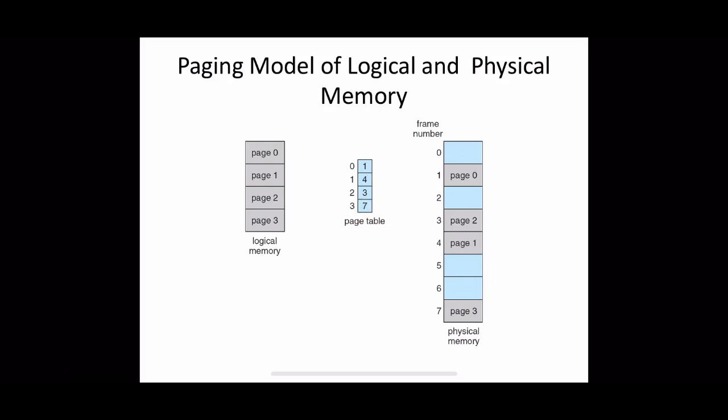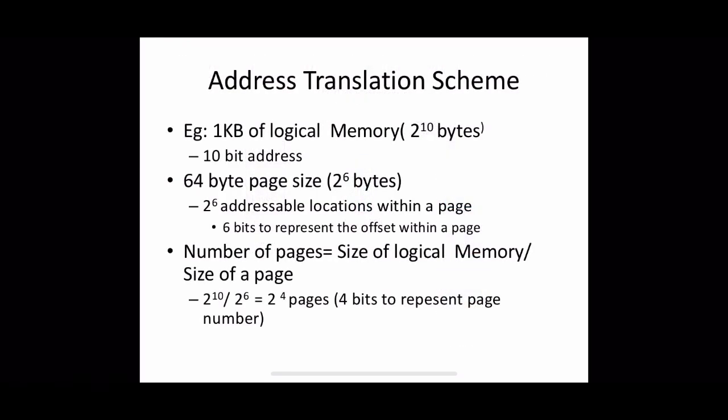Now we can see how the logical address generated by a process can be mapped into the actual physical location. Let us take a simple example. Suppose the process size or logical memory size is 1 kilobyte, 2 raised to 10 bytes. We are using a byte addressable memory, so we require 10 bits to represent the address space.